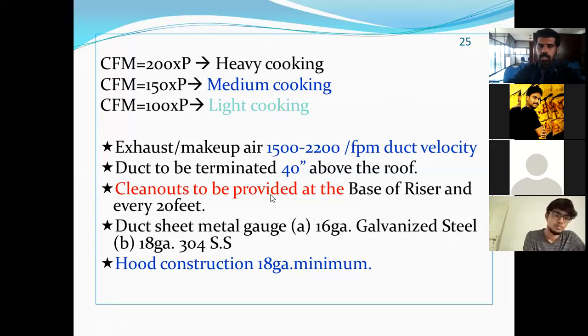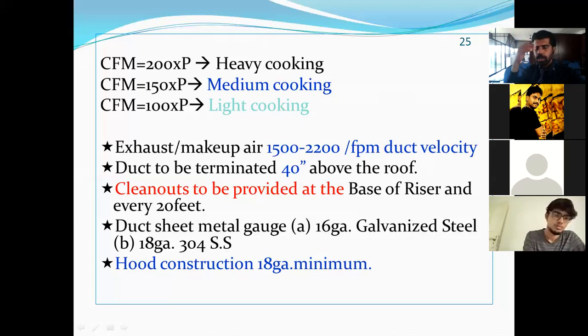You can give 16 gauge if it's galvanized steel, and 18 gauge if it's stainless steel. If you go out to purchase duct material, they will ask you what gauge you need, which means what thickness of metal sheet you want. The duct is made of metal sheet only.